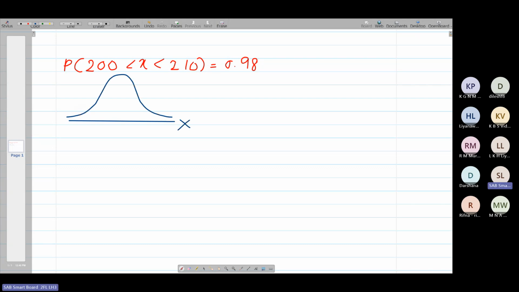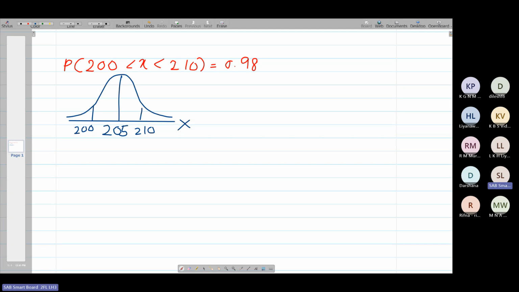Middle point is the mu value. Then the question says the mean value is 205. No issue. Then the other two ranges are 200 and 210.